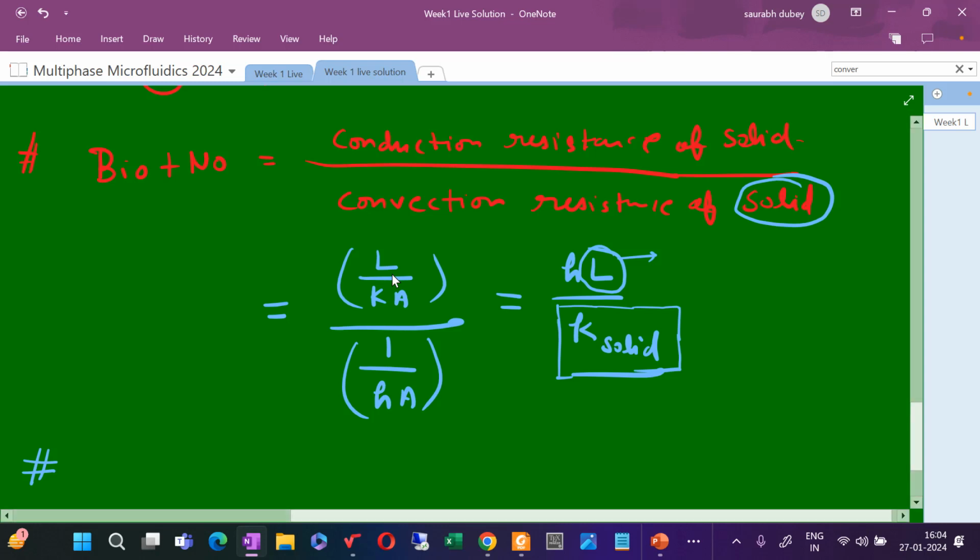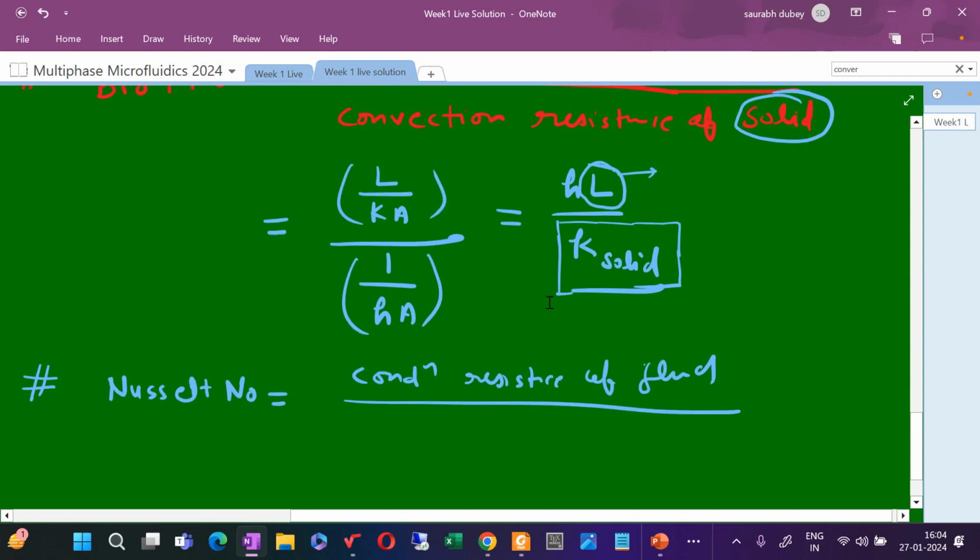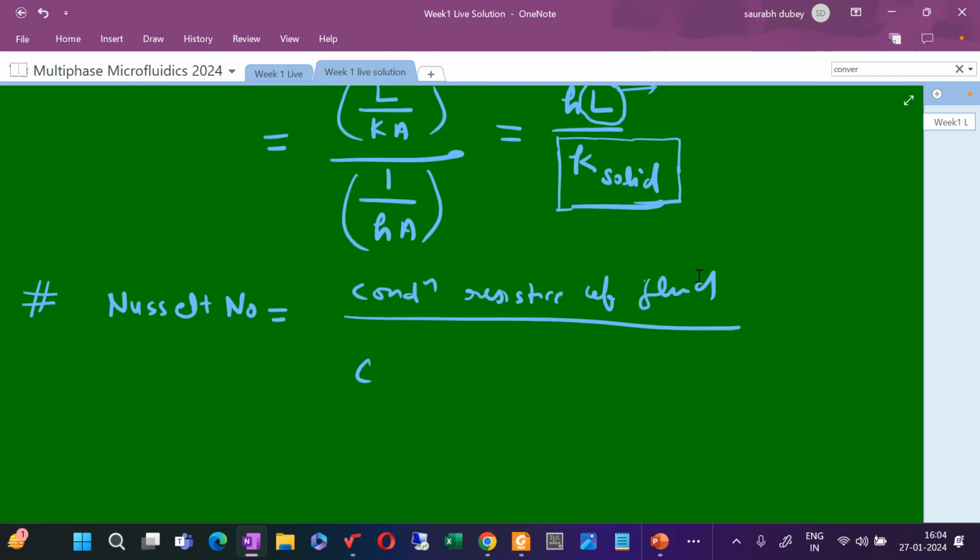And what is the Nusselt number? That is also a ratio of resistances: the resistance due to conduction in the fluid divided by the resistance due to convection in the fluid.